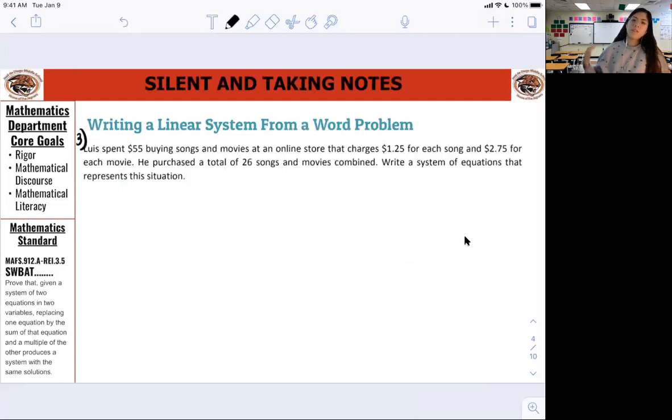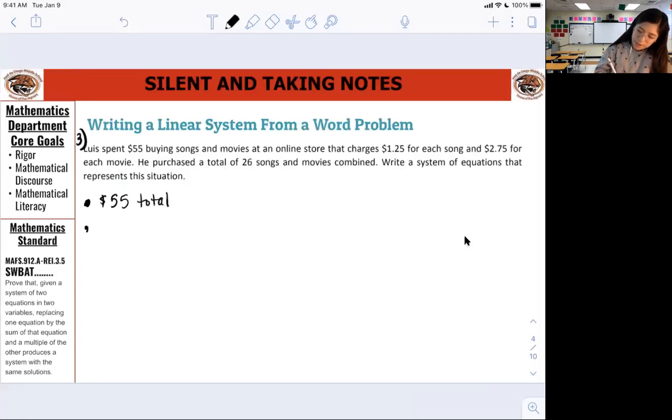Awesome. Okay, so this is just telling us to write the system, but I also want to solve it afterwards. So let me write down the important information. He spends $55 total, right?